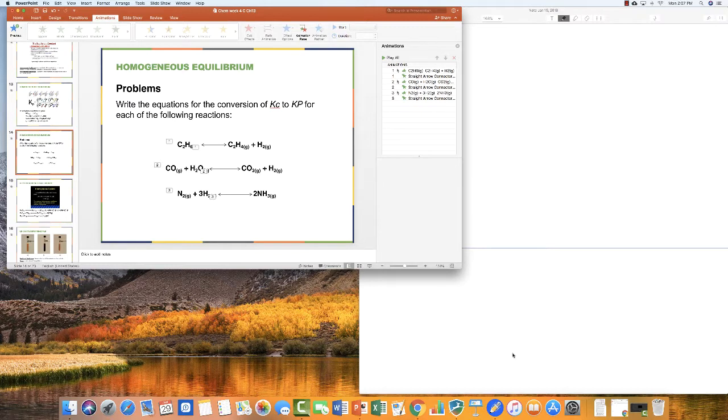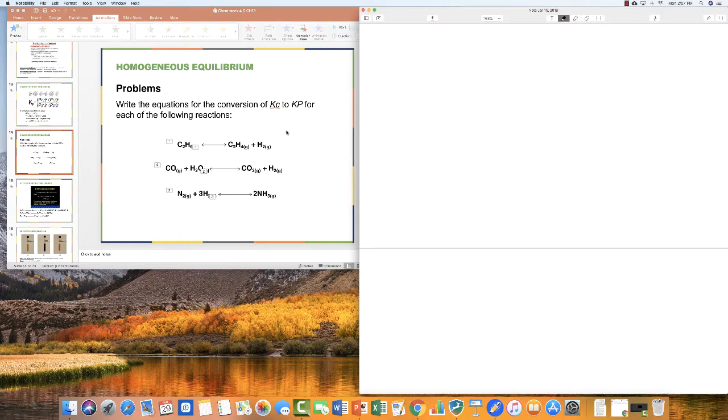So here we want to write the relationship between Kc and Kp for each of these reactions. So if we write this first one, Kc for this first one is going to be equal to the concentration of hydrogen times the concentration of ethine divided by the concentration of ethane.